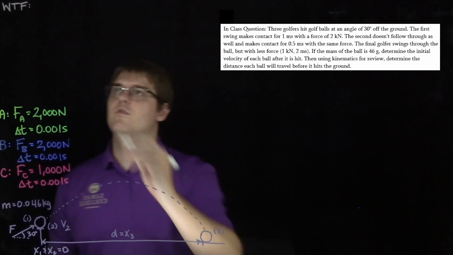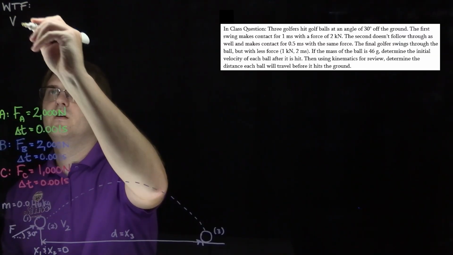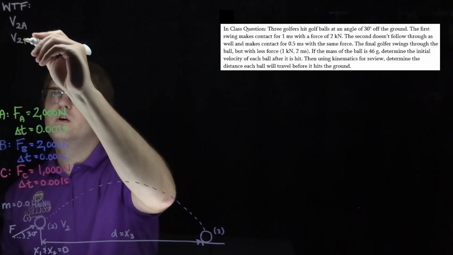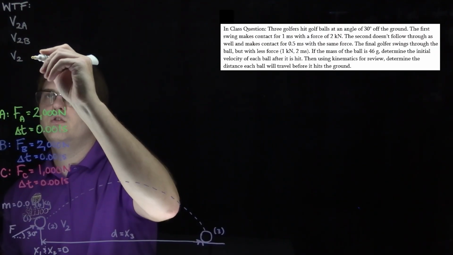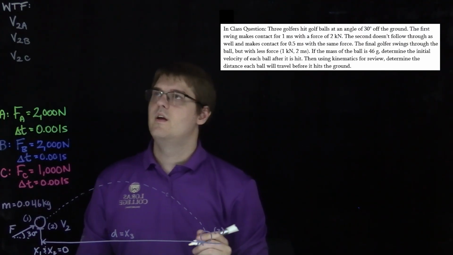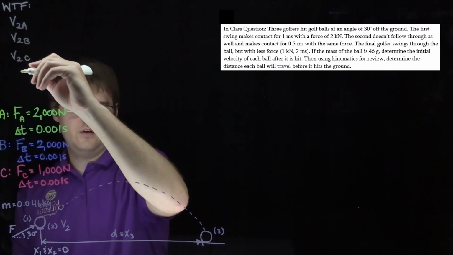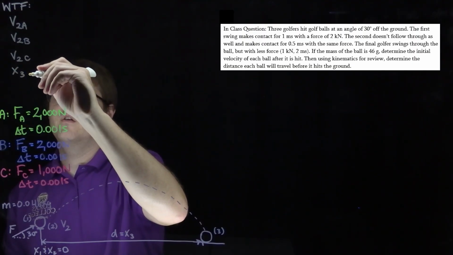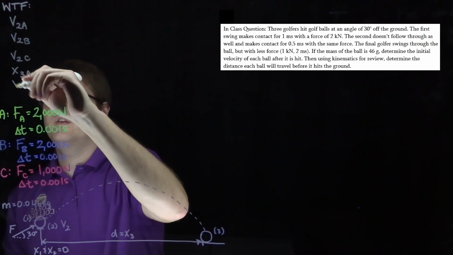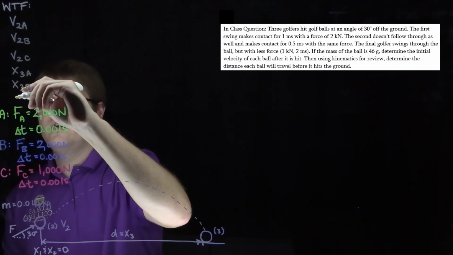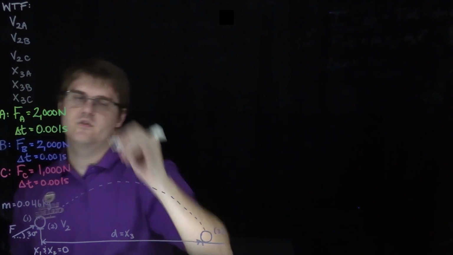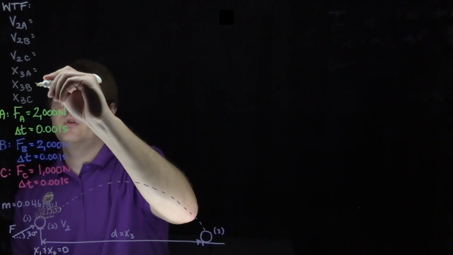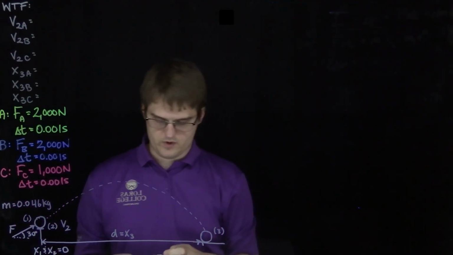We want the velocity at 2 of golfer A, the velocity at 2 of golfer B, and the velocity at 2 of golfer C. And then we want the distance at 3 of golfer A, the distance at 3 of golfer B, and the distance at 3 of golfer C. So we're going to find all of these values, and we will compare them.